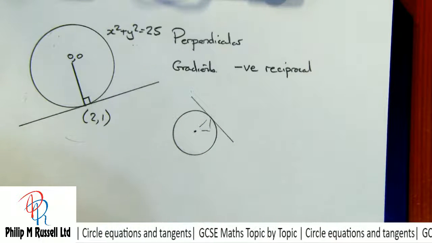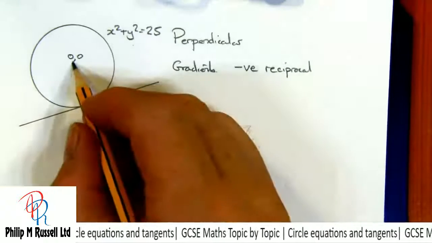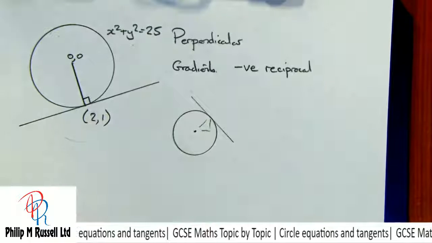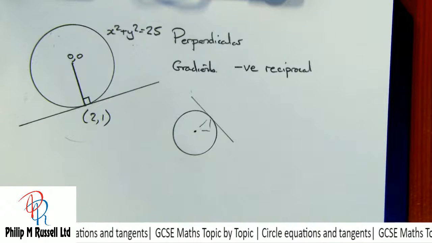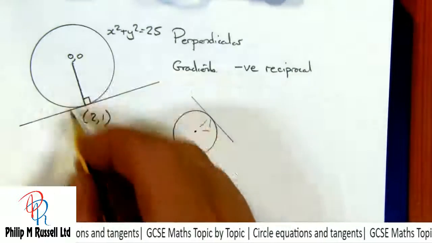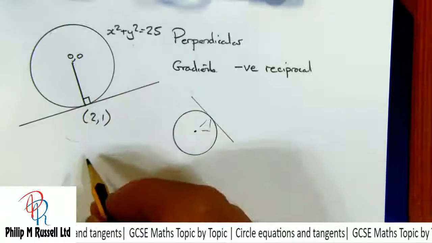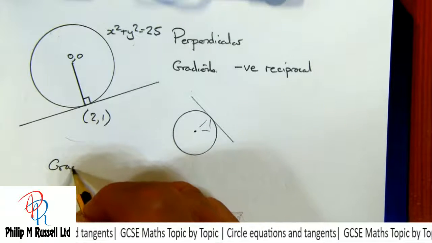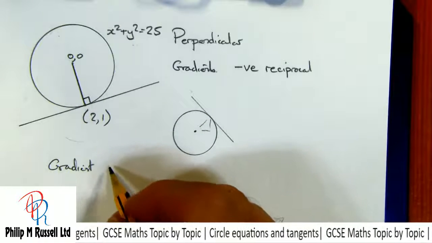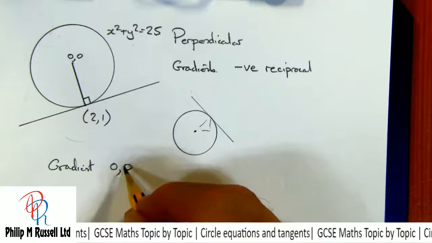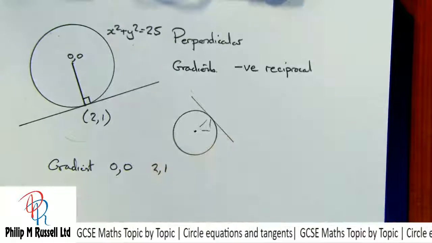So what do we know? Well, we know it's got this point and we've got that point. Can we work out anything about those? Yep, I can work out the gradient from these two. To work out the gradient, we don't need anything about circles. I know I've got the point 0, 0, and we've got 2, 1.